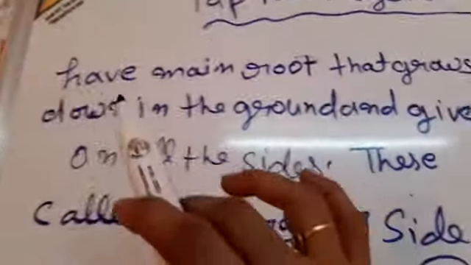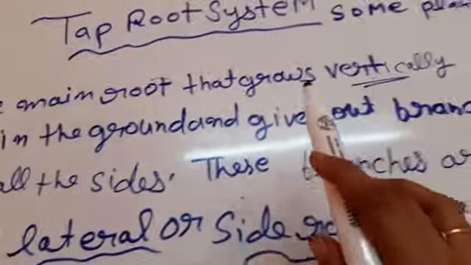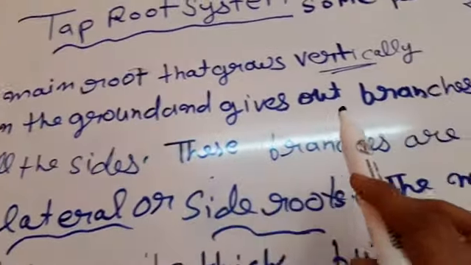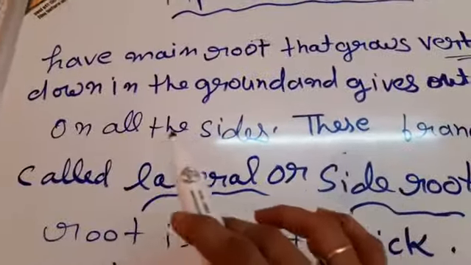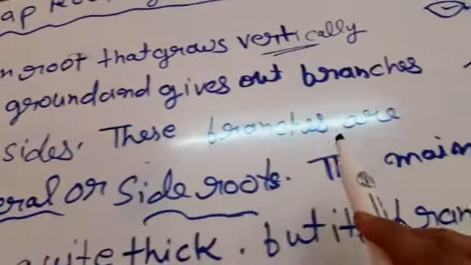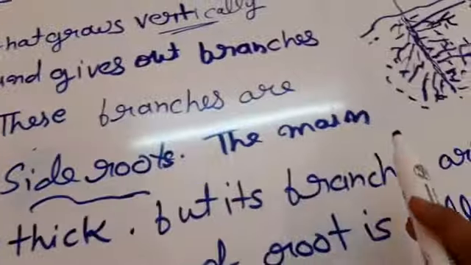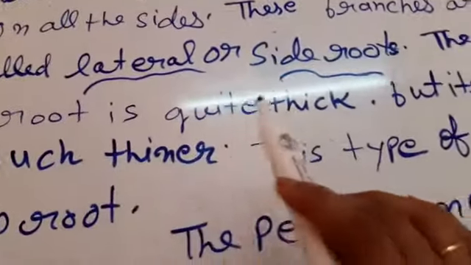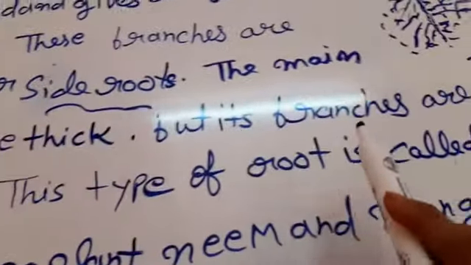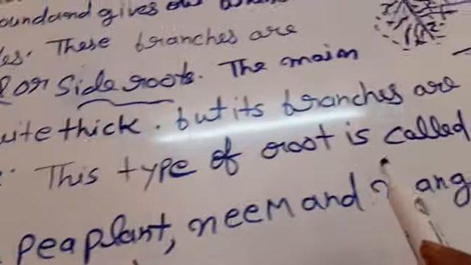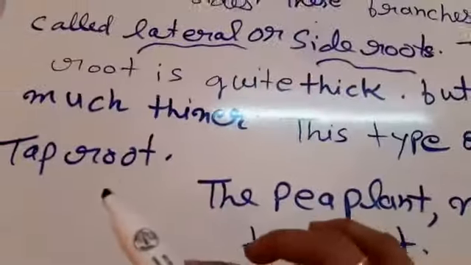Some plants have a main root that grows vertically down in the ground and gives out branches on all the sides. These branches are called lateral or side roots. The main root is quite thick but its branches are much thinner. This type of root is called taproot.